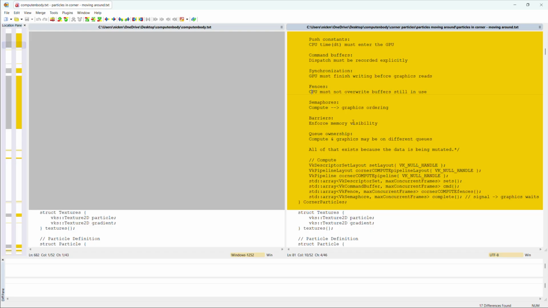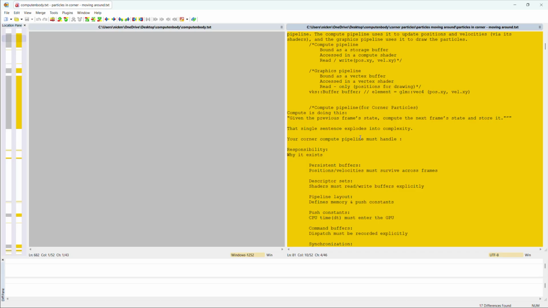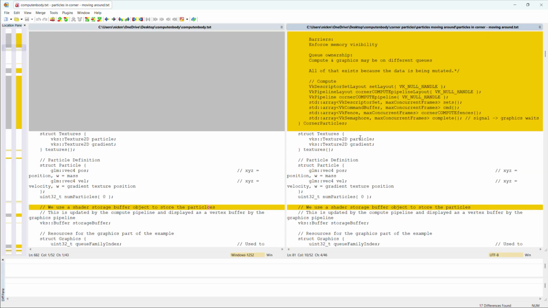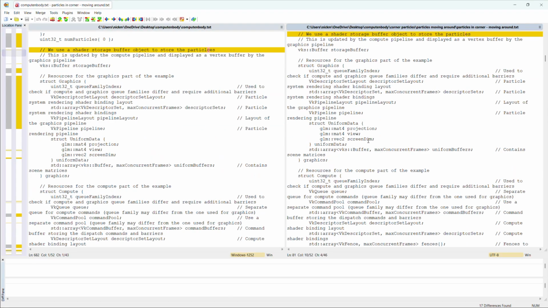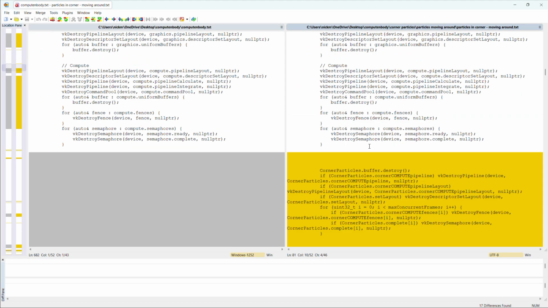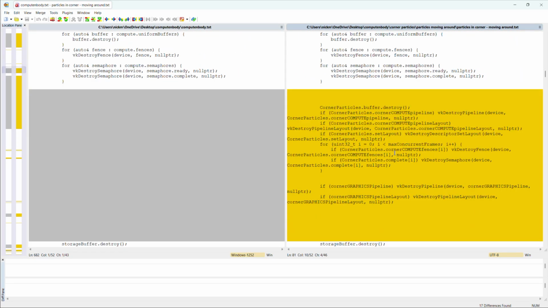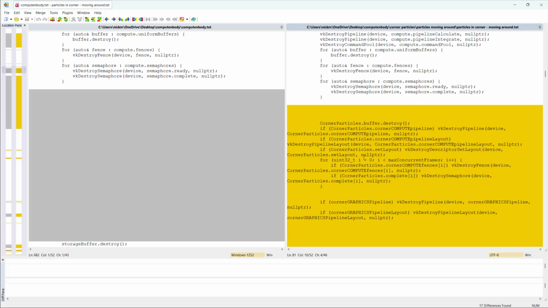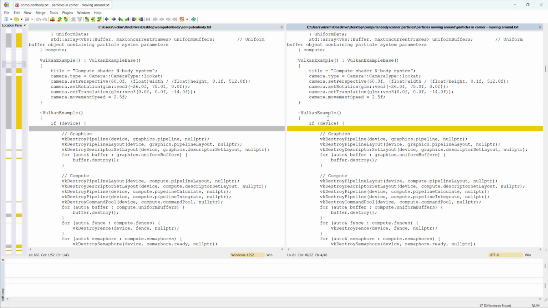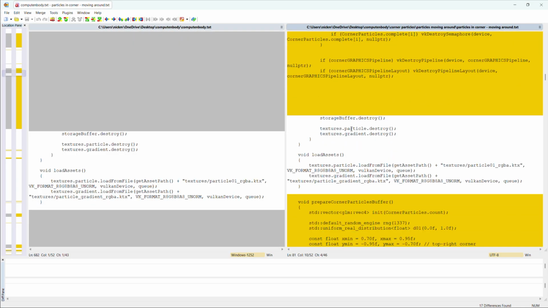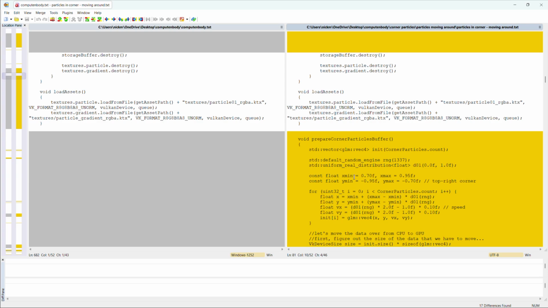So a lot of stuff going on here, guys. Then we continue down, and good housekeeping, guys. We have to destroy all the things we created. This is part of the destructor, right? So good housekeeping.